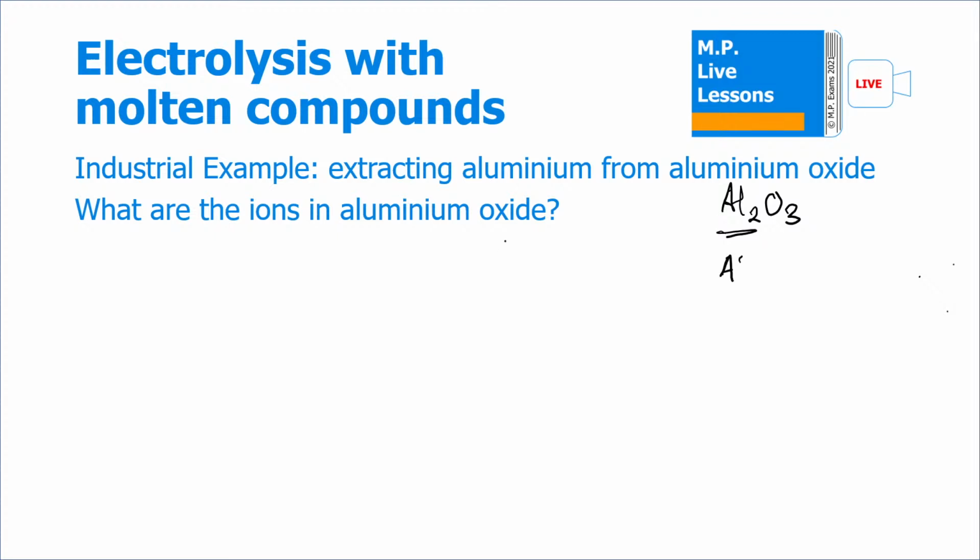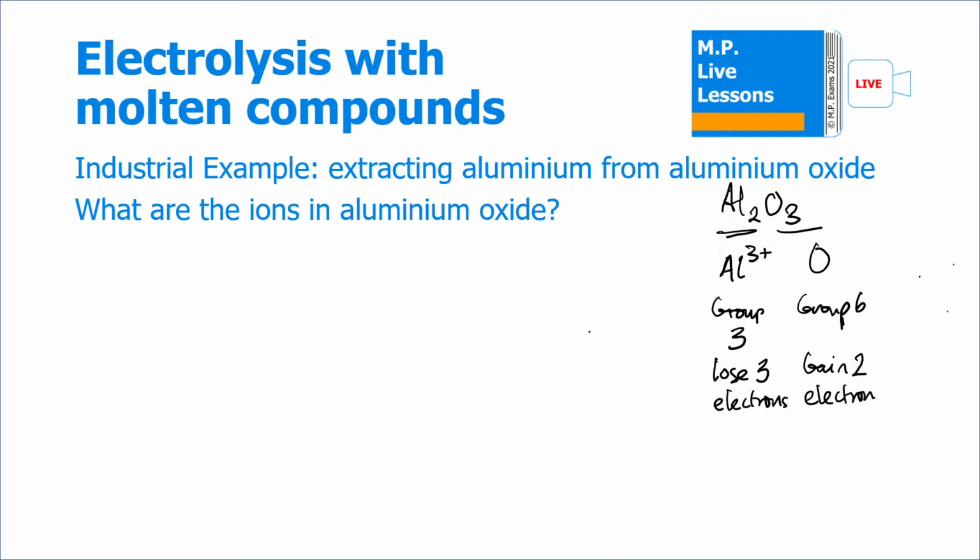So if you look at the group it's in, Al is group 3, so it loses 3 electrons. So we have a 3 plus charge. And then with oxygen, it's in group 6, so it needs to gain 2 electrons to get the full 8 and have a full outer shell. So we have 2 minus here.